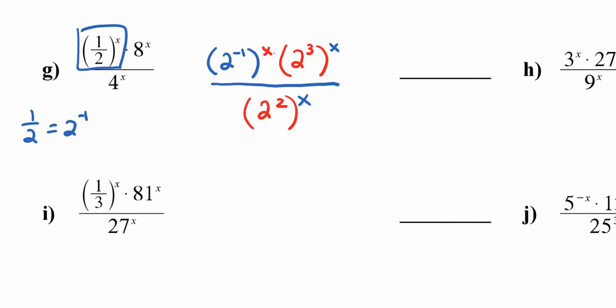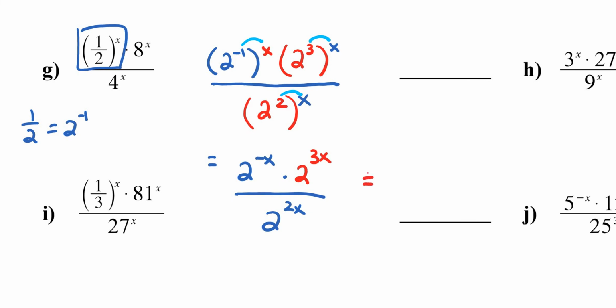Okay, so after that, what we're going to do next is simplify this as much as we can. If I multiply that through, I get 2 to the power of -x times 2 to the power of 3x, and then I'll divide that by 2 to the power of 2x. Now the bases are all the same, so you add the powers of the tops.